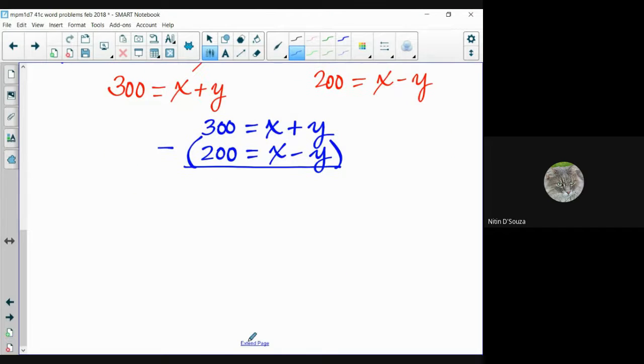So 300 minus 200, x minus x, y minus minus y. Then take this equation.